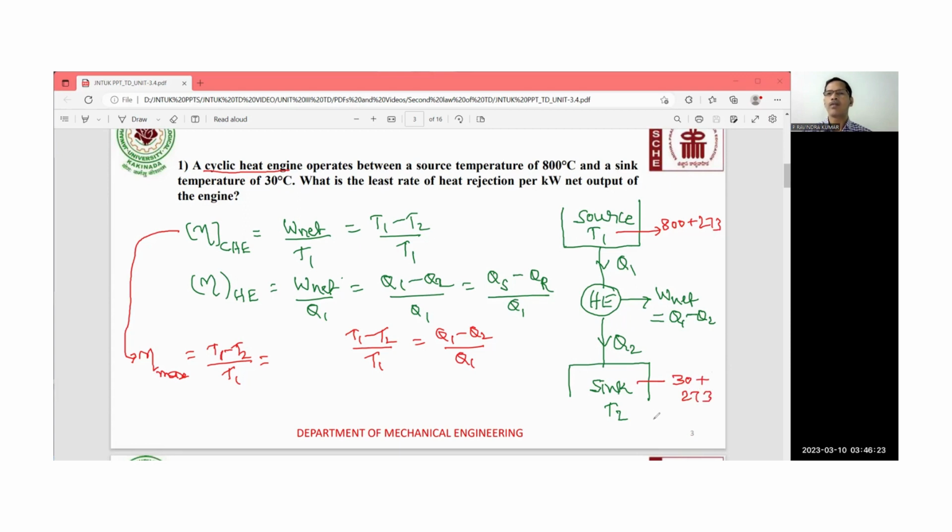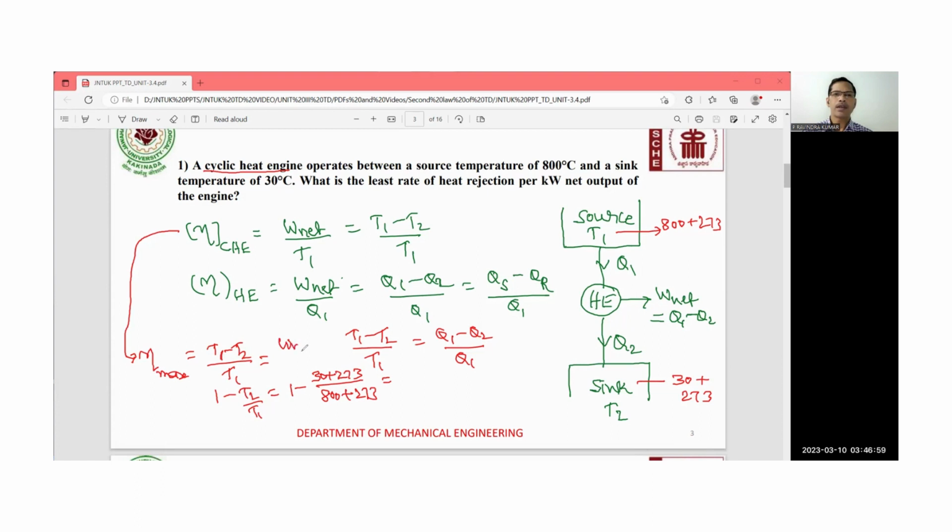All the values you need to calculate in Kelvin. So it is 1 minus T2 by T1, that is 1 minus (30 plus 273) divided by (800 plus 273). So you will get the maximum efficiency.